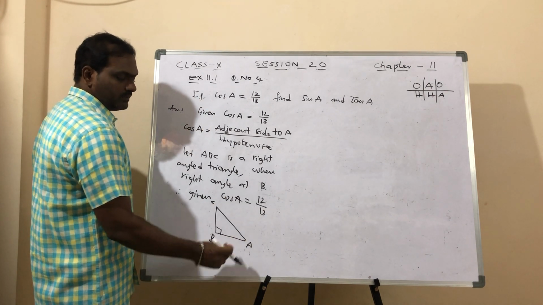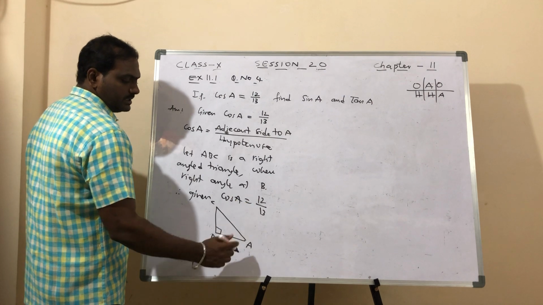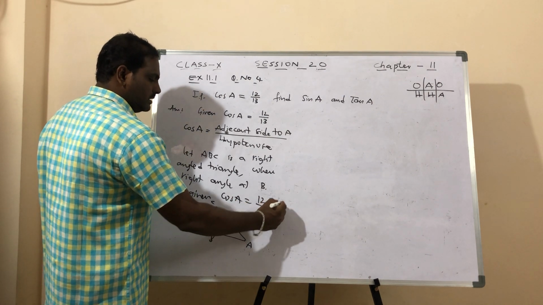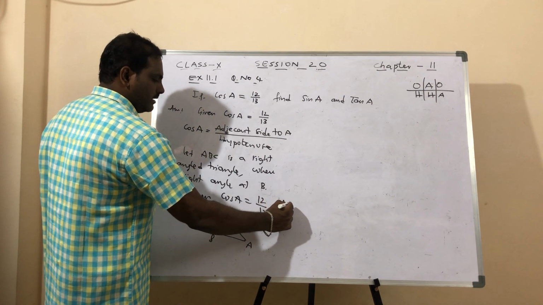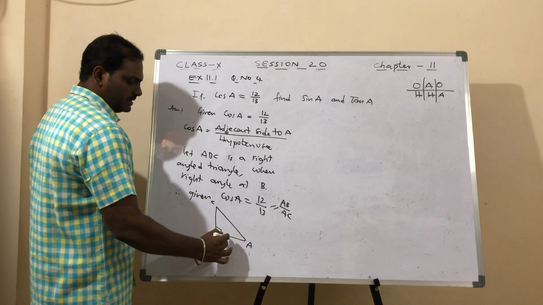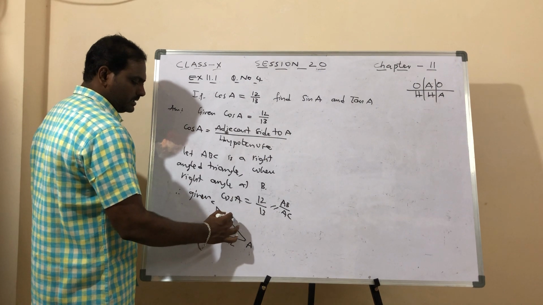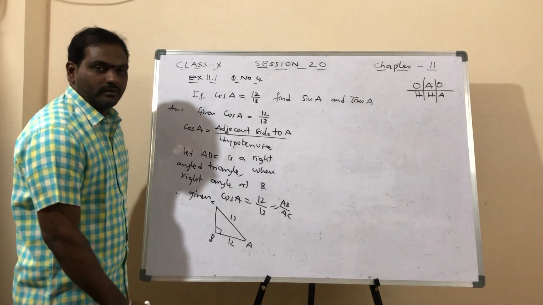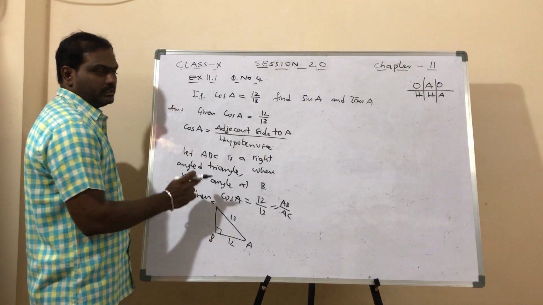So what will be the adjacent? 12. So that is AB by AC. AB is 12, and AC is 13. Now what we have to find out? We have to find out BC.